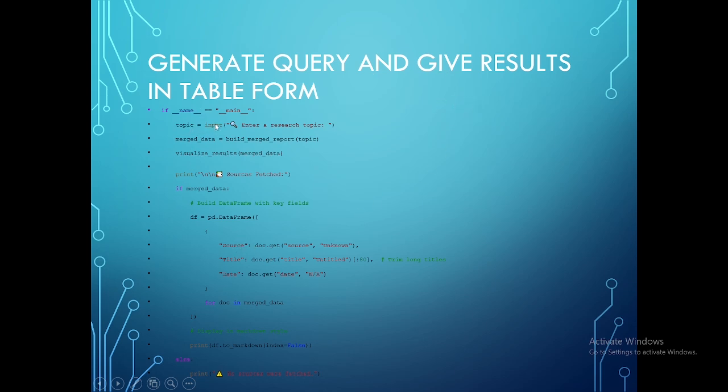So this is my input in which I enter a research topic or whatever topic you want. And then I am giving the variable merge data, like I want merge report, and then visualize the result for me in a table format. Give me source, give me title, give me date, and then print this.